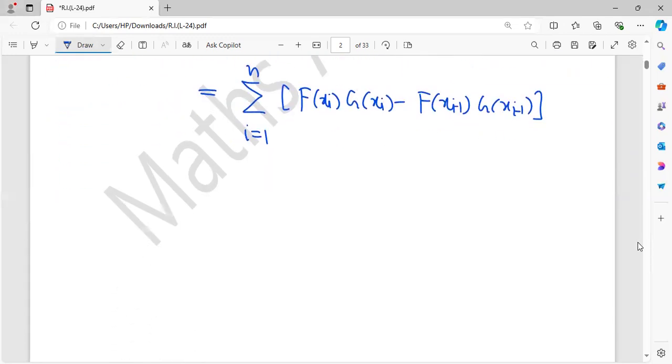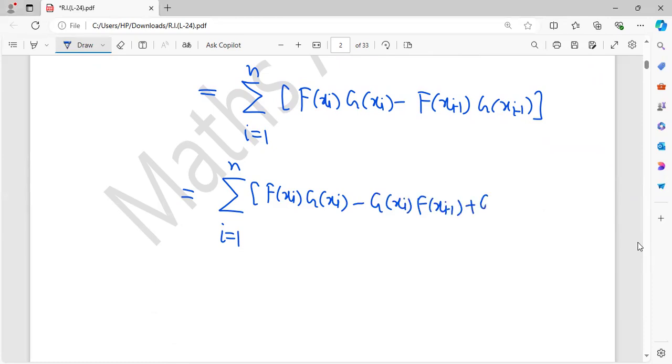Now I can add and subtract: the summation, i goes from 1 to n, of F(xi) G(xi) minus G(xi) F(xi-1), which I can add and subtract, minus F(xi-1) G(xi-1).